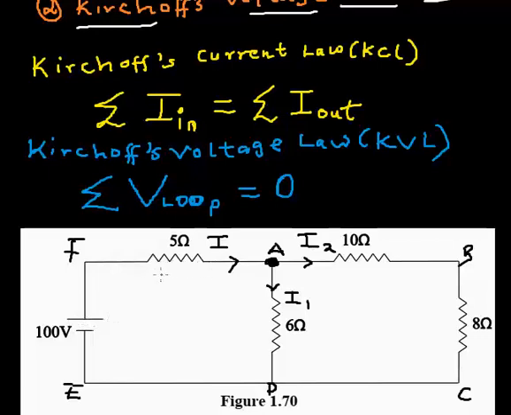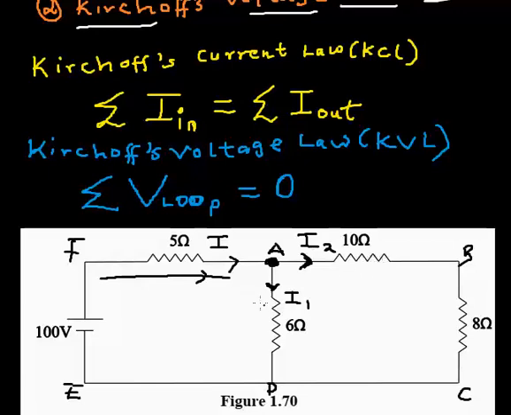Now what happens with resistors? Let's get to the direction of the current. This is how current flows already. As the current flows, it divides. I1 passes through the 6 ohm, while I2 passes through the 10 ohm.